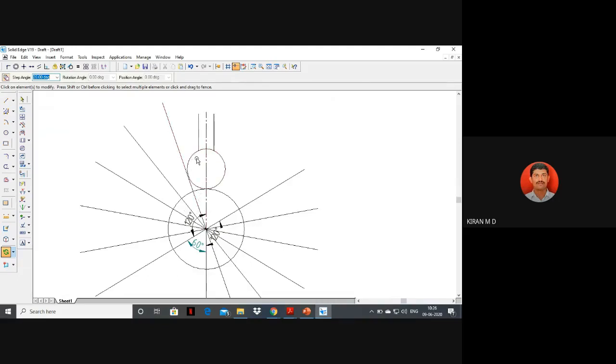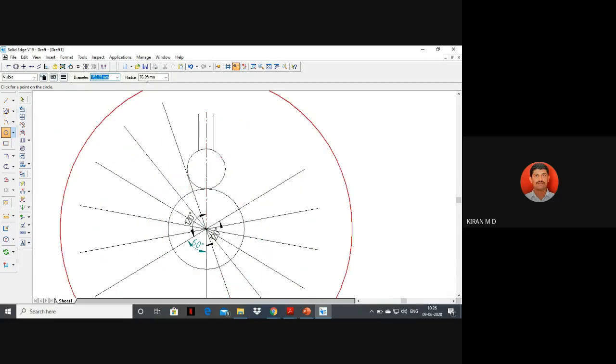Okay, so now see here. This is the center point we have. So for that we need to draw one more circle. Go to circle. This is the center point. So the radius is this much, this radius plus this radius.